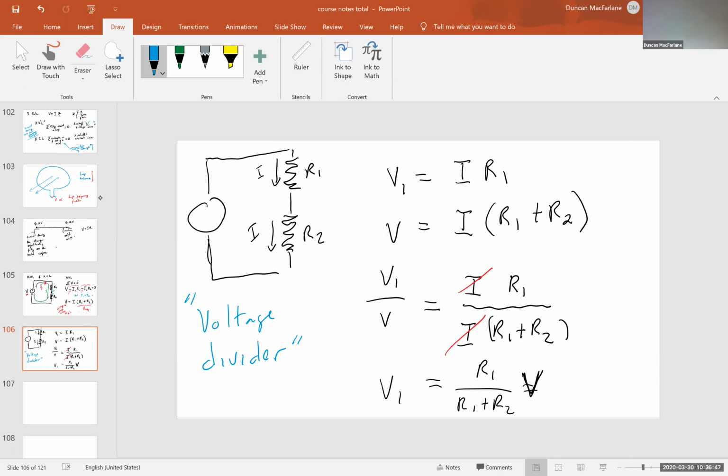So this resistor, the R1 resistor, can be used to divide down the voltage. So this is an illustration of Kirchhoff's voltage law and Kirchhoff's current law, primarily Kirchhoff's voltage law, but it also teaches us a useful configuration of resistors.